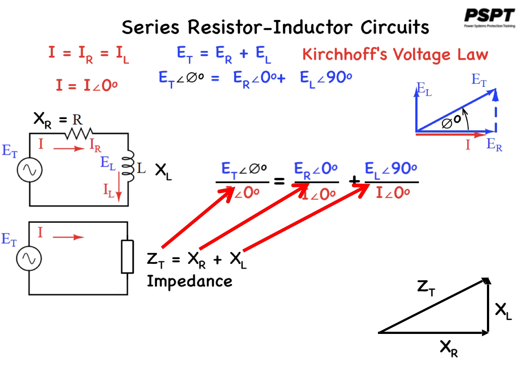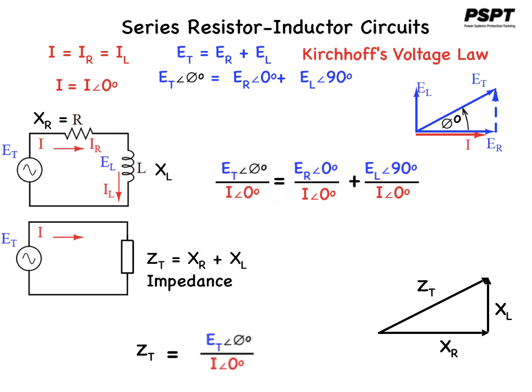As long as we add up the phasors, it will result in ZT, which is also equal to ET at phi degrees all over I at 0 degrees, which is equal to the magnitude ZT at phi degrees, which is the same angle as the angle between ET and the current in the circuit.